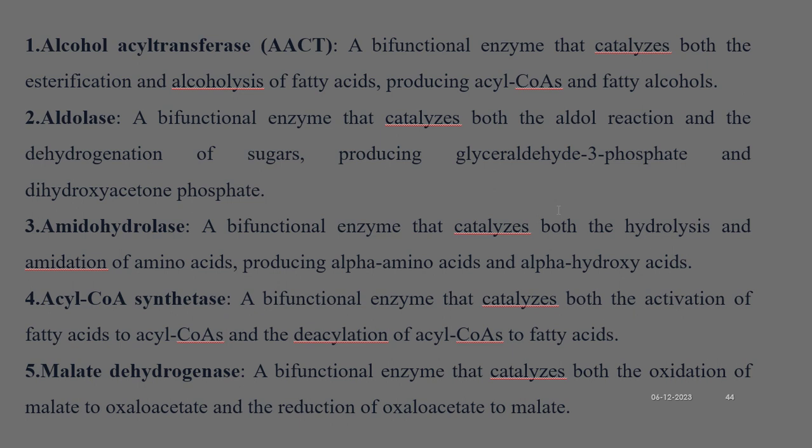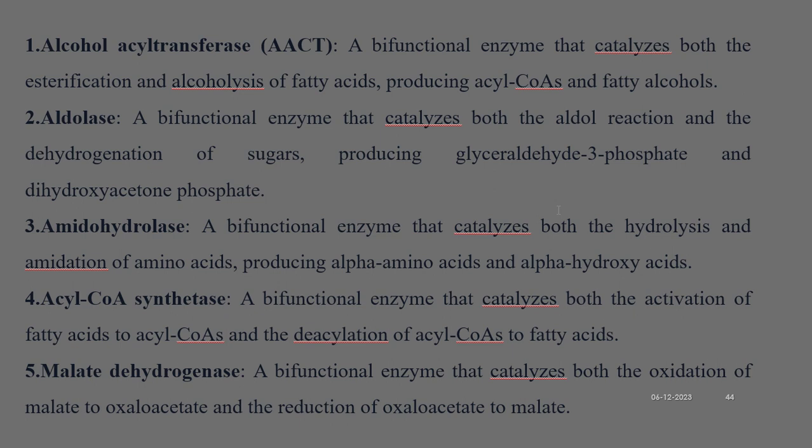Similarly, you also find one in glycolysis. You know that reaction, aldolysis. It is also a bifunctional enzyme and it catalyzes both the aldol reaction as well as the dehydrogenation reaction of a sugar, glucose.